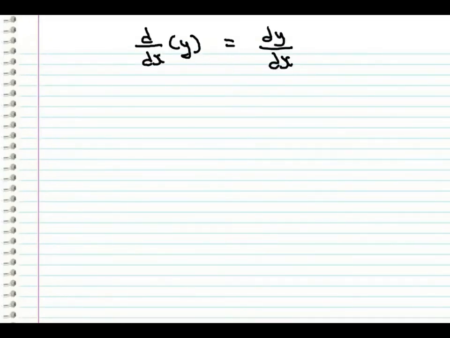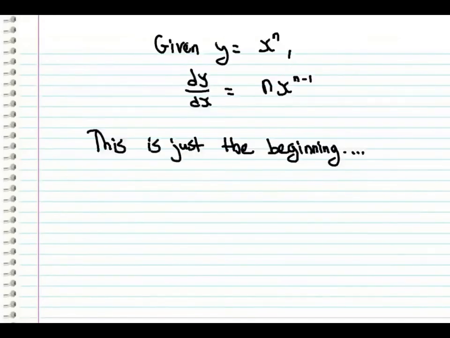Please note, d over dx of y has the same meaning as dy over dx. So, what have we learned so far? If you are given the function y equals x power n, and you are told to find dy over dx, it simply means you are to find the gradient of y. In this case, it's n times x power n minus 1.